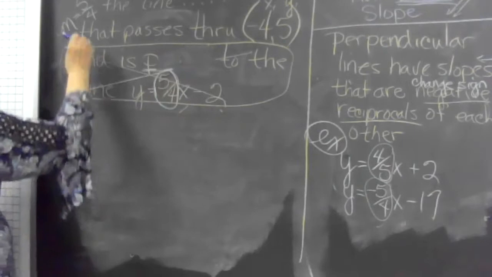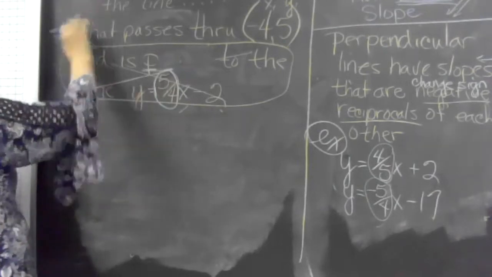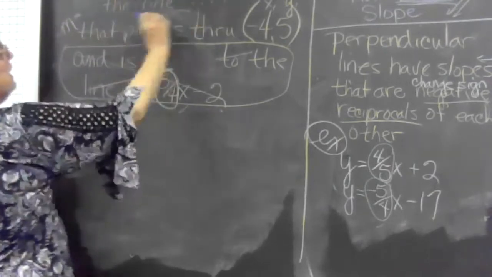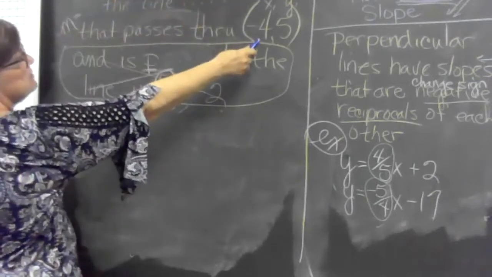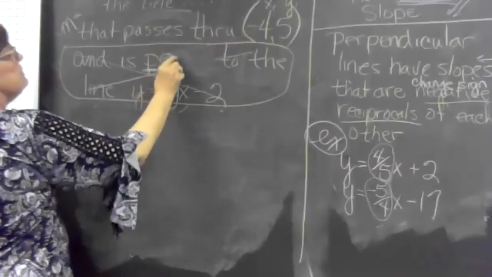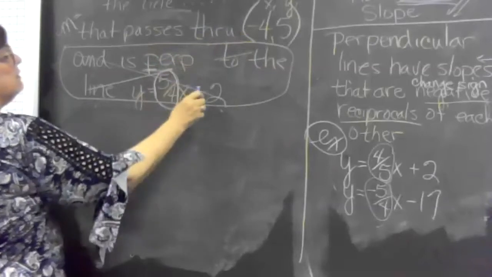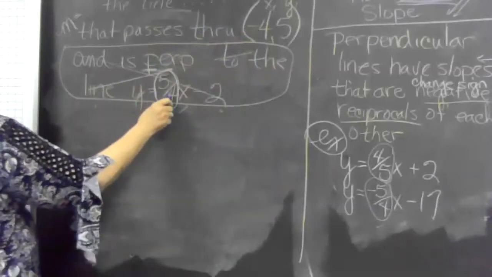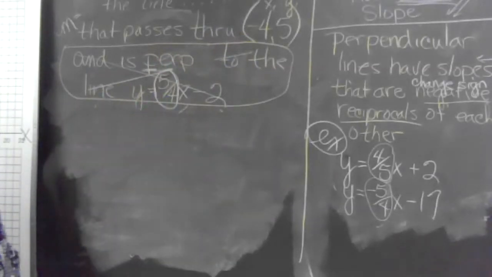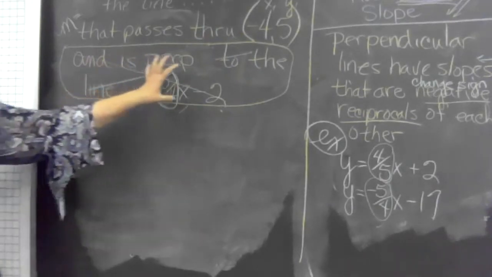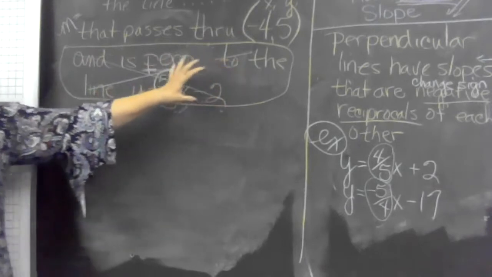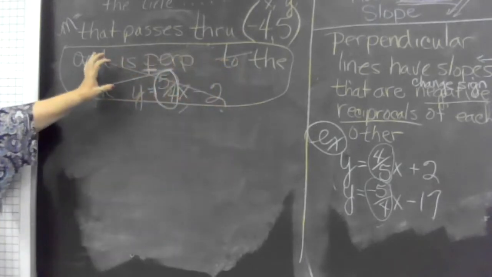I'm going to say that I want to write the equation of a line that passes through this point and is perpendicular to the line here. Okay? So all I need from this part is a slope that I'm going to be using.